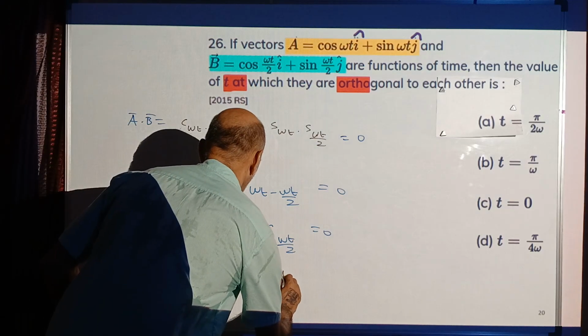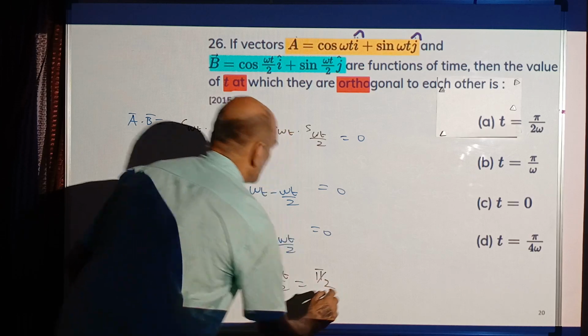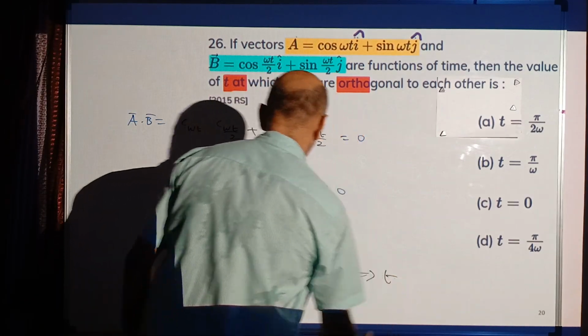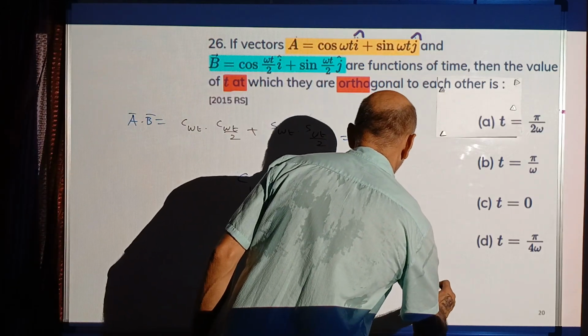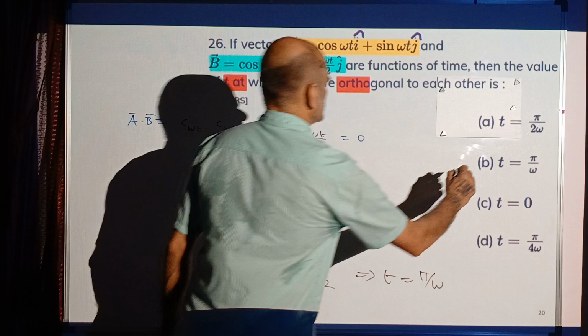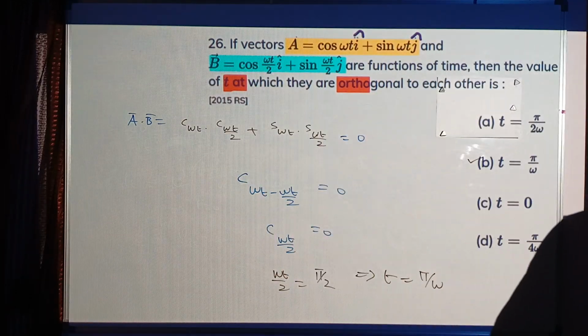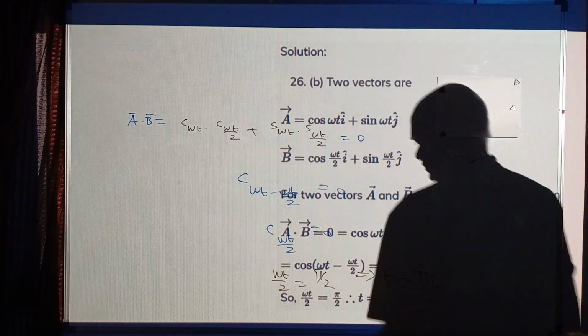So omega t by 2 should be pi by 2 radians. From this, time should be equal to, the 2 will cancel, pi by omega. B is the correct answer.